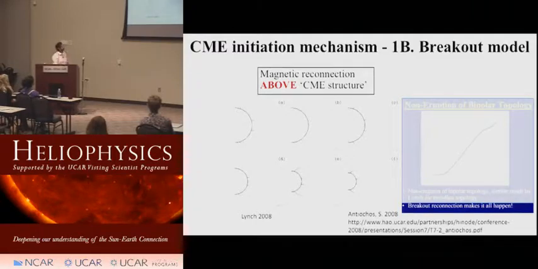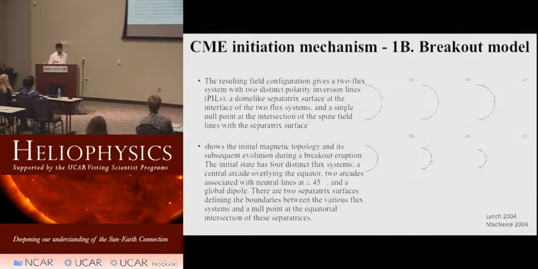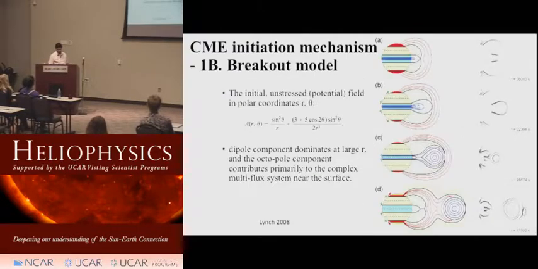So moving on to the breakout style model, where the reconnection occurs above the CME structure. This is an example. I'm going to show another movie here. I'm going to start here quickly because this is in color, and I think this shows it a bit better on the screen. So what we're doing here is again trying to reconnect above the flux rope.